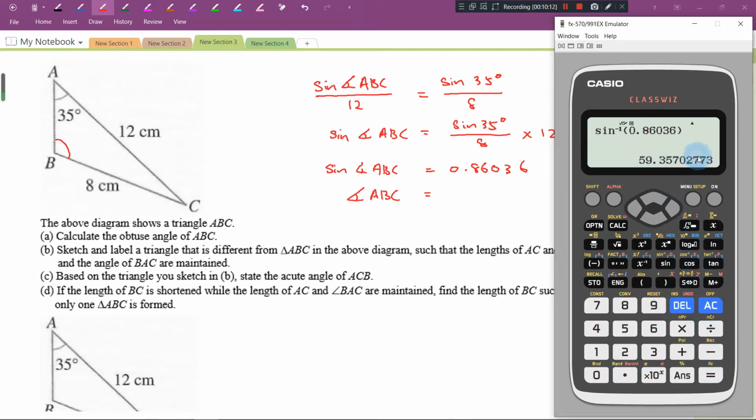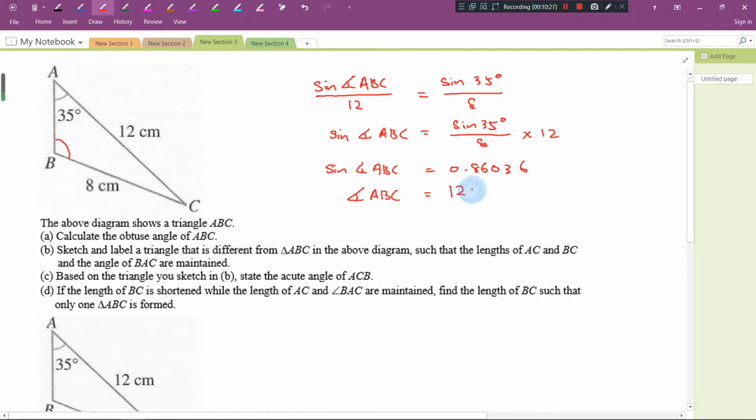This is not the answer that we want. As I told you just now, this is an acute angle. The question is asking for the obtuse angle, so we have to take 180 minus the answer. So you get 120.64 degrees.